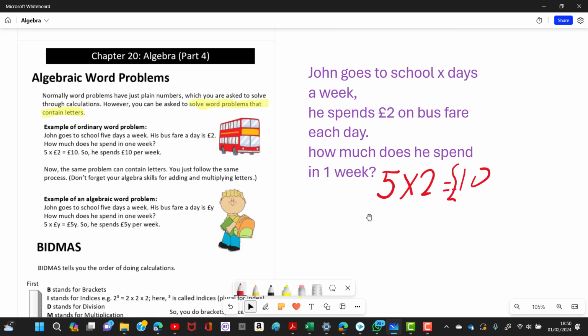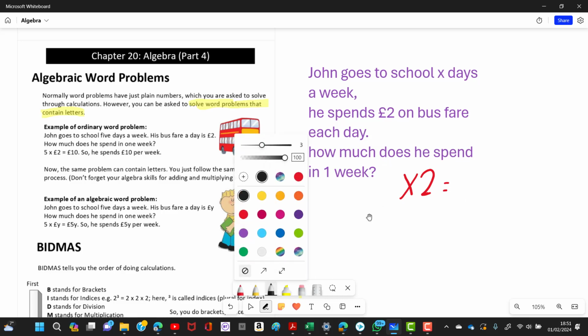So this time he goes to school x days a week and spends £2 bus fare each day. How much does he spend in 1 week? Instead of going 5 days a week, he goes x days a week. The £2 is the same, so we don't change it, but that 5 we change with the letter x.